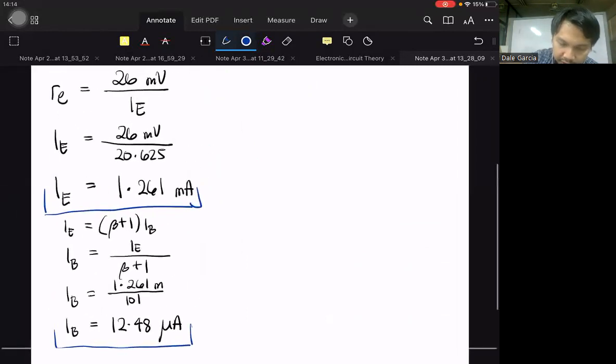Right. So from the DC analysis table, IB is equal to ETH.